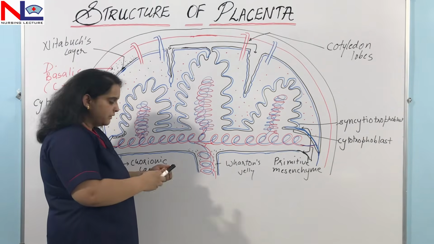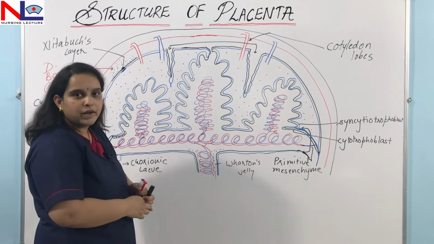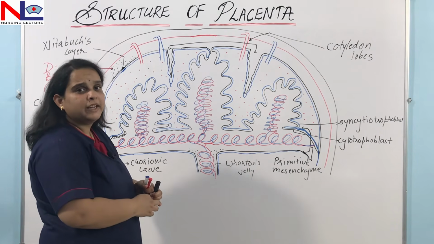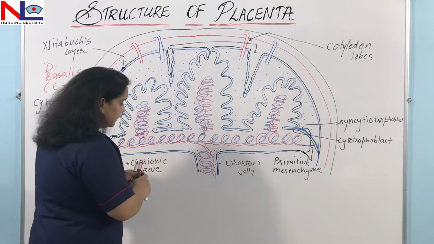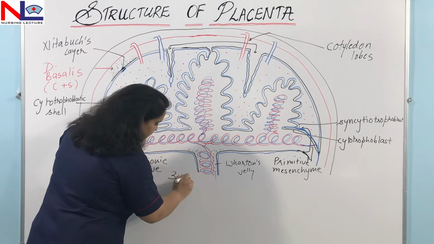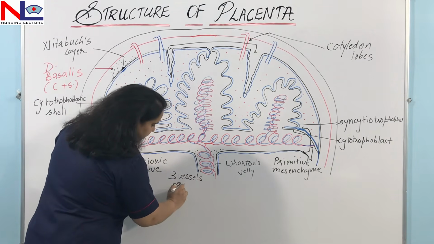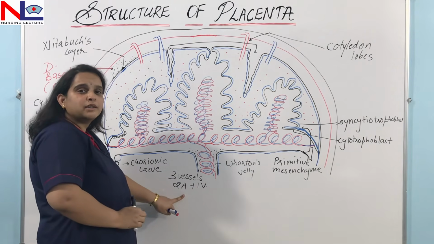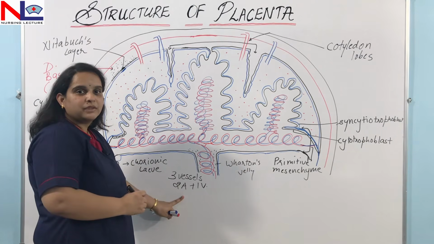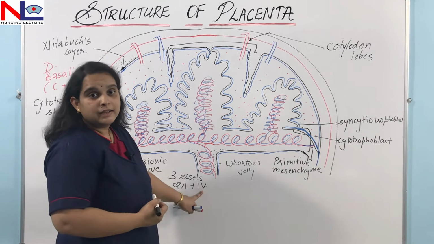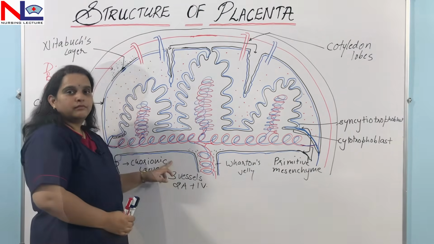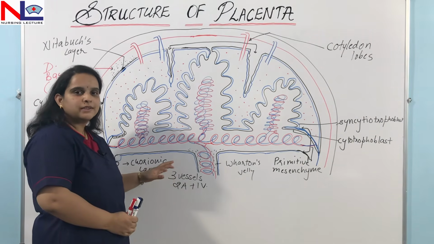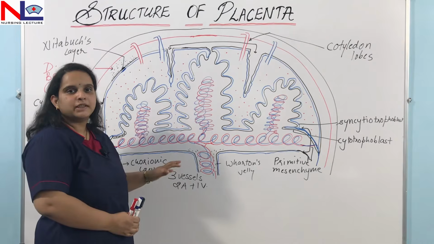And this cord contains 4 vessels initially, that is 2 arteries and 2 veins, but later on at the time of the 4th month, 1 vein, that is the right vein, disappears, and only 3 vessels remain, that is 2 umbilical arteries and 1 umbilical vein. Here the arteries are responsible for exchange of waste material with the mother, whereas the vein carries oxygenated blood. The length of this umbilical cord varies from 30 to 100 centimeters, but on average it is considered to be about 40 to 50 centimeters long.